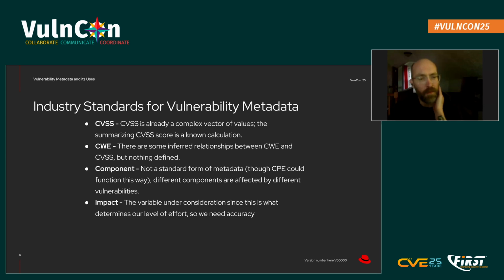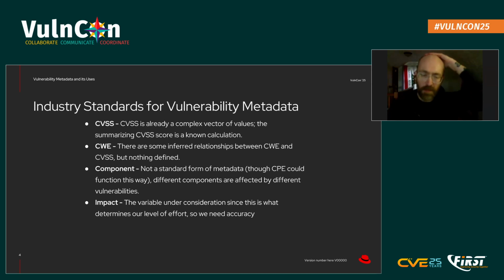And being able to correctly assign an impact to a flaw early in analysis is important because the impact is basically what differentiates our level of effort. We obviously put the most effort into critical flaws, and for some low flaws, we'll only fix them if there's a customer request or something like that.